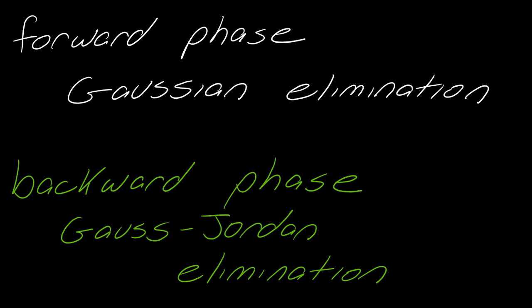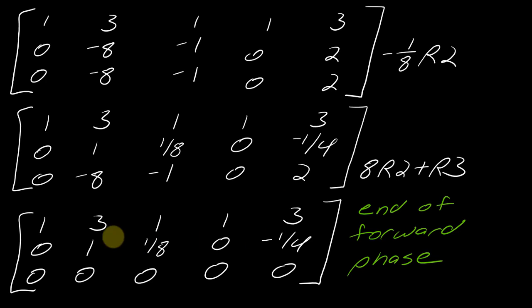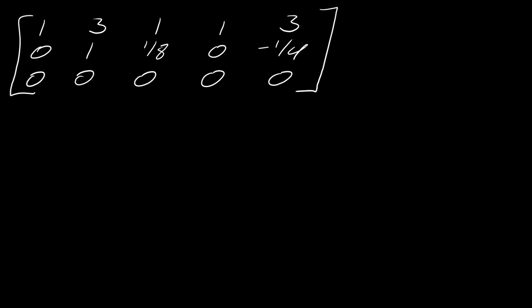So let's go back to our forward phase. I'm just going to take this matrix for a second so that we can focus on it. Here is the end of my forward phase. If you're asked to use only Gaussian elimination, you want to take stock of what you have in your matrix. Anything that's a leading 1, maybe I'll just note these. Those are my leading 1s.